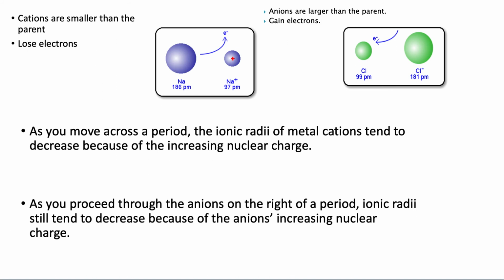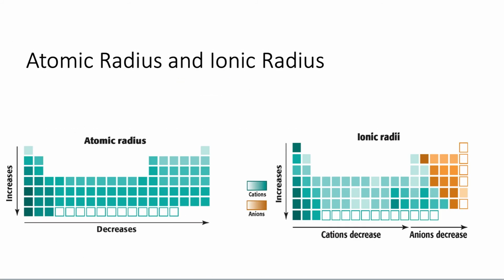Now, I'm going to do a quick example of a proton, neutron, electron, and electron configuration for an ion. So say I wanted to do the electron configuration for F minus 1.